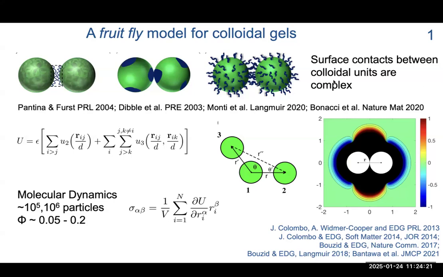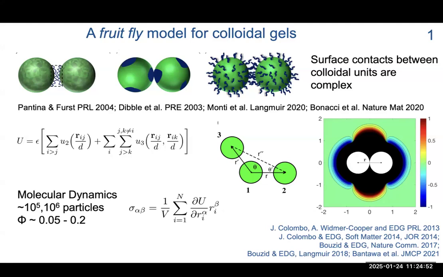And so from these types of interactions, this is what we can, for example, put in the equation of motion. We use LAMMPS, and we have put this model in LAMMPS, and now we've used it a lot in a number of studies of these model systems. And now we are in the process of sending our LAMMPS version back to the public LAMMPS repository, so that in principle other people can also study it.